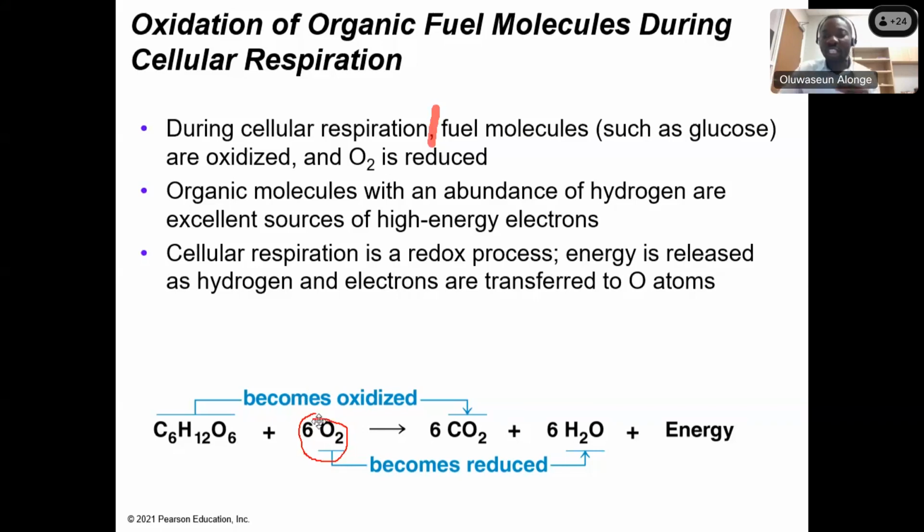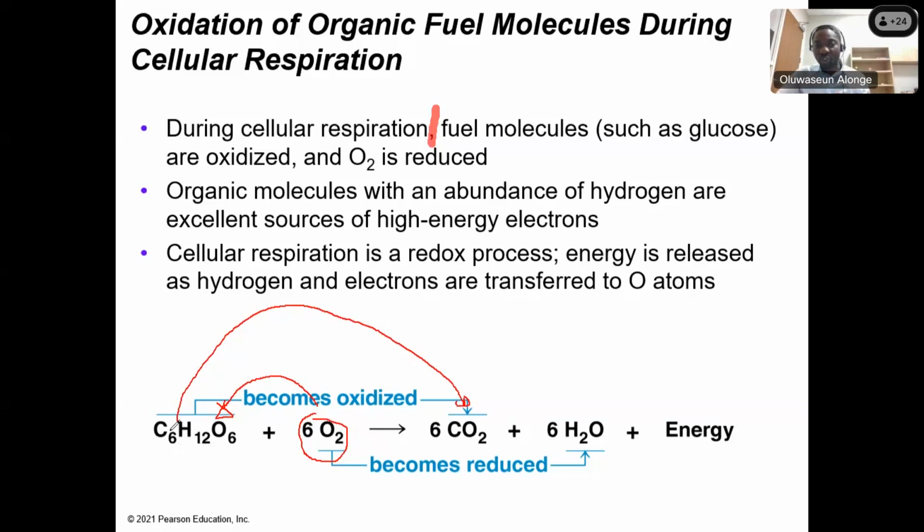So it is breathing in that we say adds oxygen to this glucose. So we say the glucose has been oxidized by getting oxygen that you breathe in. When you now oxidize glucose, what does it become? It will become CO2 that you breathe out. So the glucose is what generates the CO2.